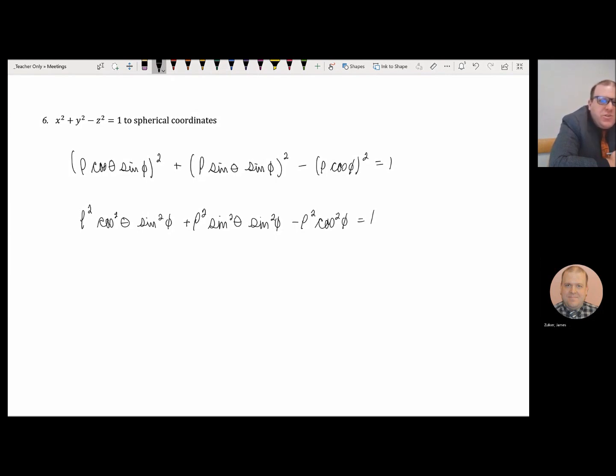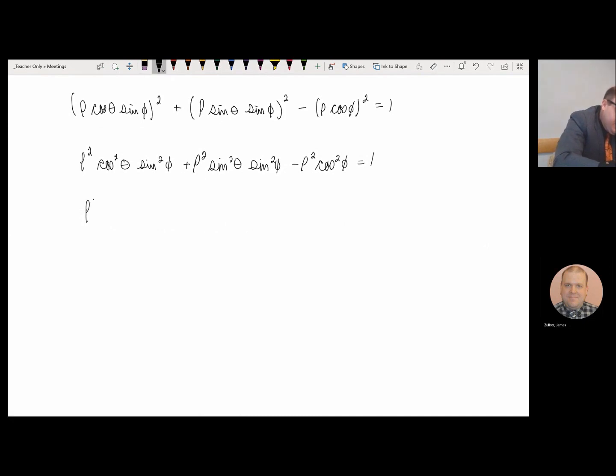If we just look at the first two terms, there is a rho squared sine squared phi common, factor it out. Notice what you're left with, the cosine squared plus sine squared, which is 1.